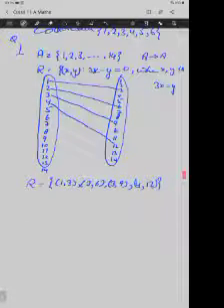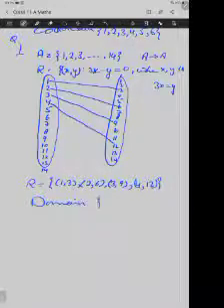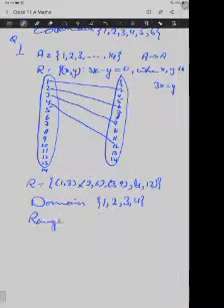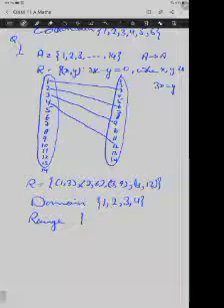So domain is 1, 2, 3, 4. Range will be the used elements of the images, that is 3, 6, 9, and 12.